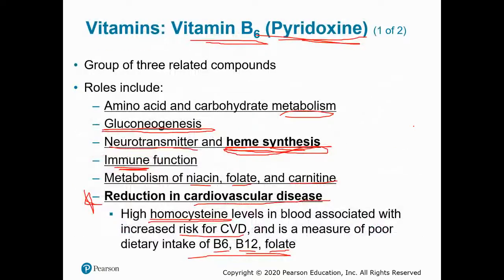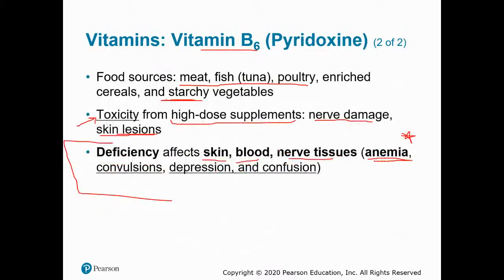And here, we said that B6 helps with heme synthesis, heme being a component of our red blood cells. We will talk a little bit more about this coming up. So this is a good one to remember, that B6 deficiency can be a cause of anemia. Symptoms of B6 deficiency: depression and confusion, as well as convulsions.